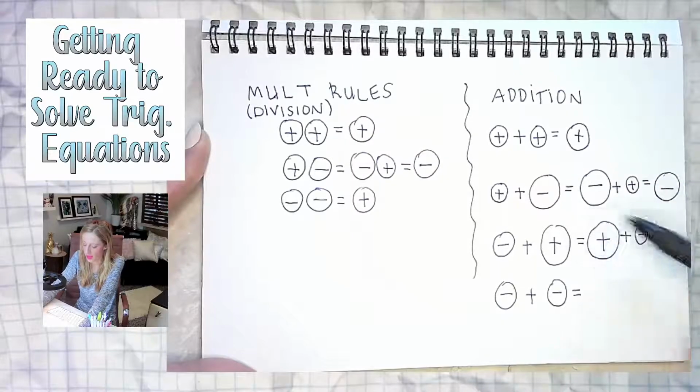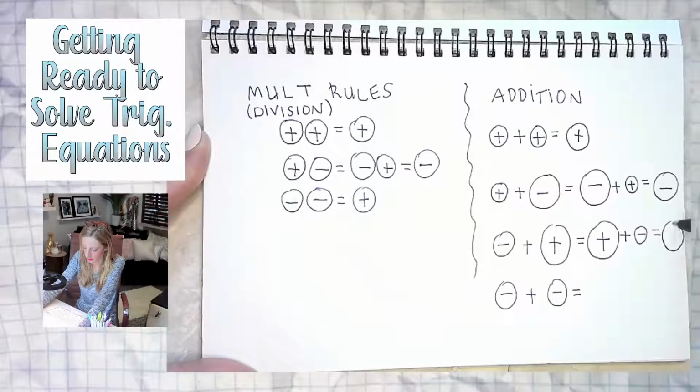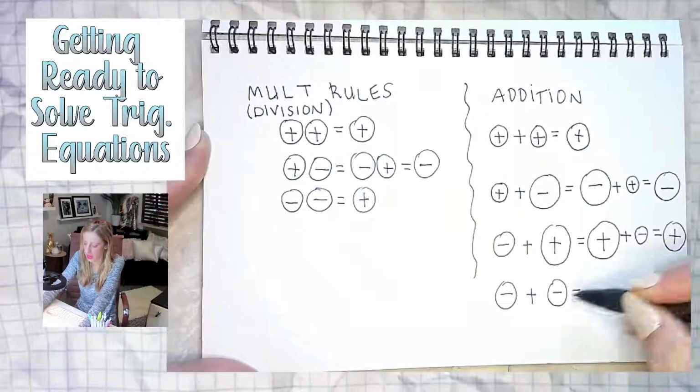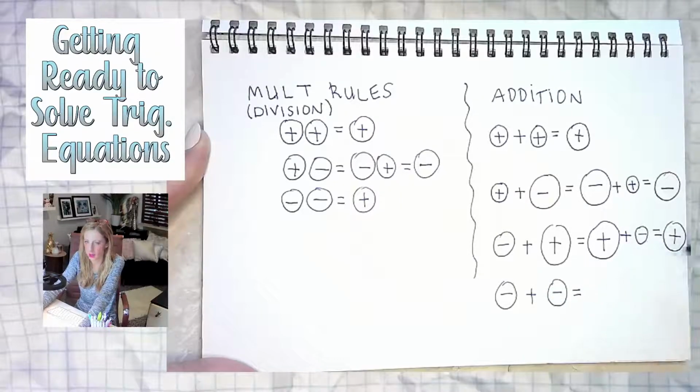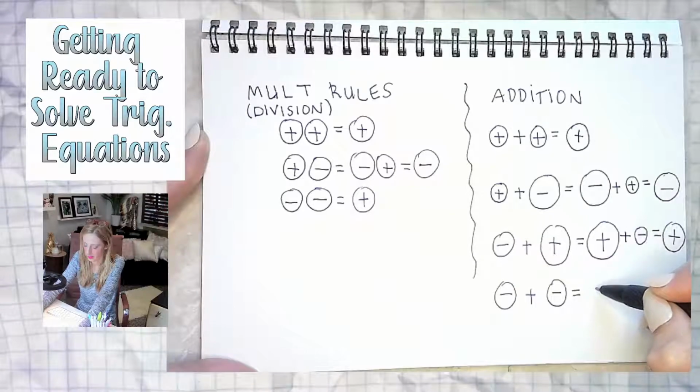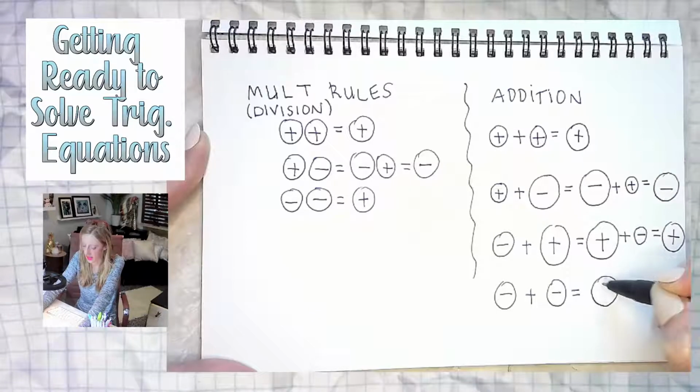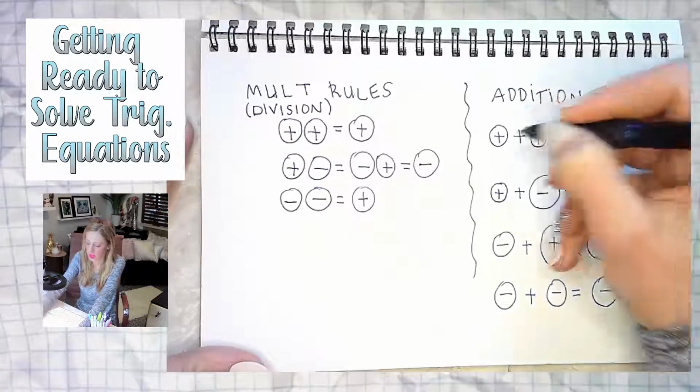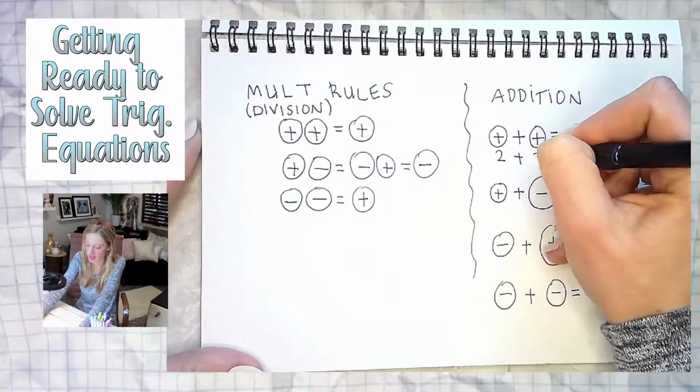Negative. But what if I have a small negative and a big positive? Positive. Okay. And what if I do a negative plus another negative? A negative. Yeah, good. All right, so an example, 2 plus 3.